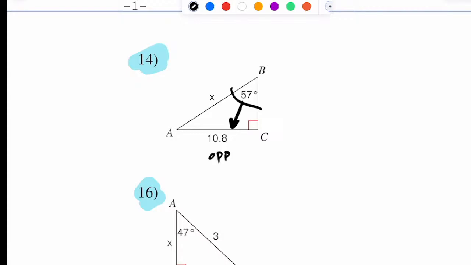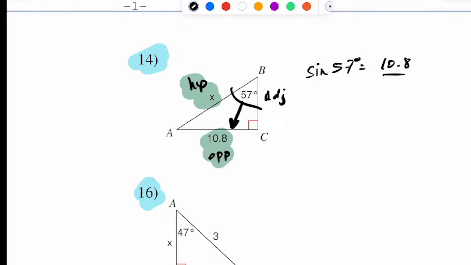Opposite, hypotenuse, adjacent. Okay, so this is the O and the H here, so this will be sine. This time we have sine of 57 as opposite over x.